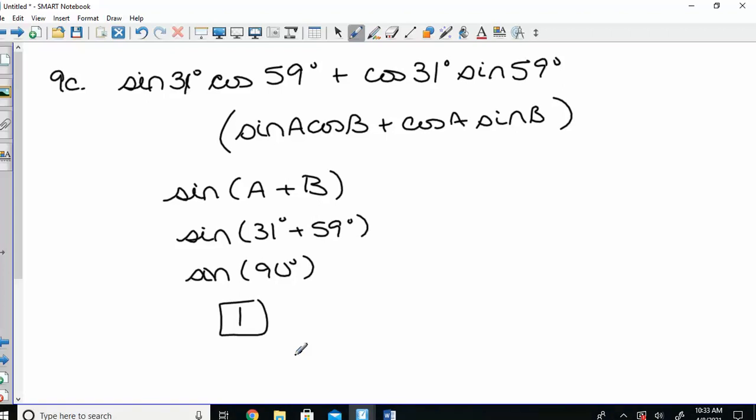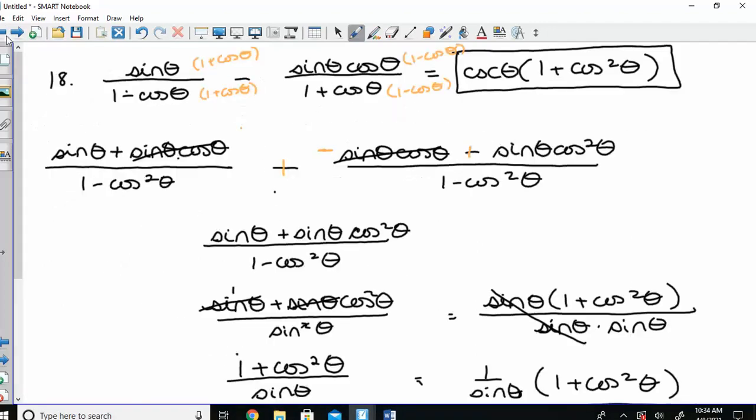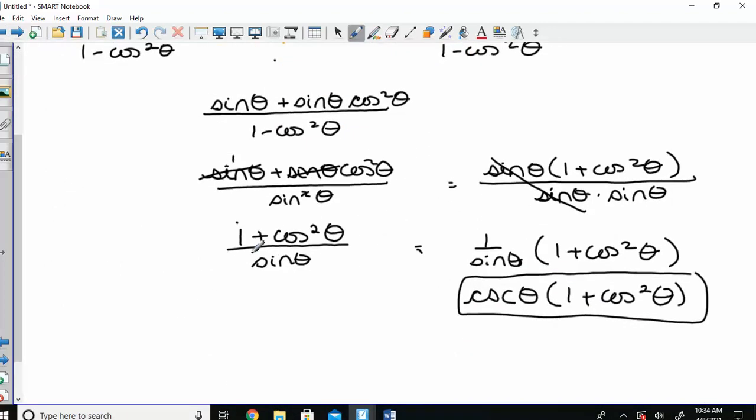Okay, I'm going to go back to a problem I did earlier because I didn't finish it. Number 18, we had 1 plus cosine squared over sine, and then that's when you did the 1 over sine, and then you put 1 plus cosine. How? Okay. I just separated this. So I said the top, there's really just times 1 out there.